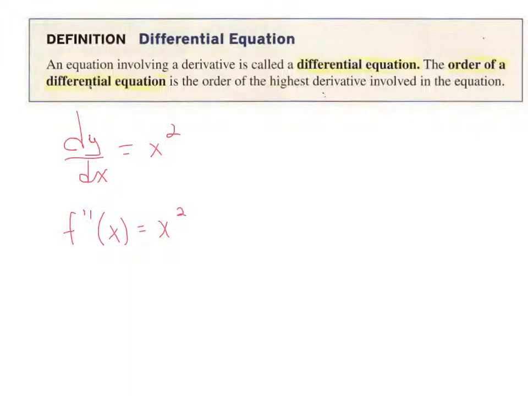Alright, so let's look at some examples. Example 1. We want to find all functions y that satisfy the differential equation dy/dx equals secant squared x plus 2x plus 5. So this is asking for a general solution. So it's that family of functions, all the functions that will have this derivative.